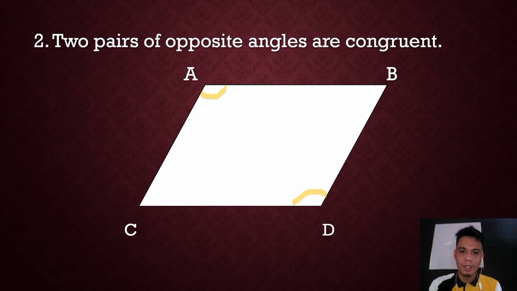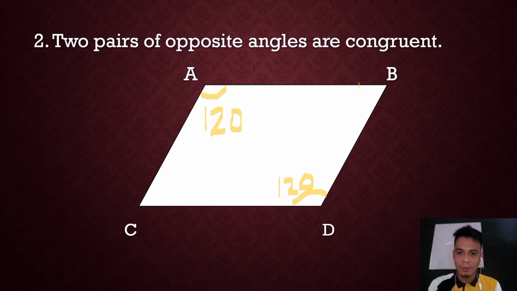For example, given ang ating angle A there is 120 degrees. Kunwari, 120 degrees yung angle A natin. So, definitely, our angle D is also 120 degrees. Okay?